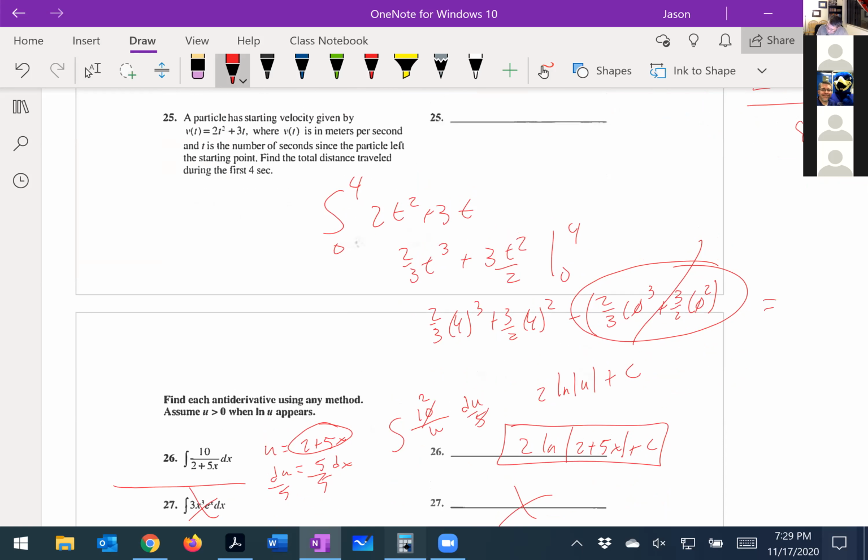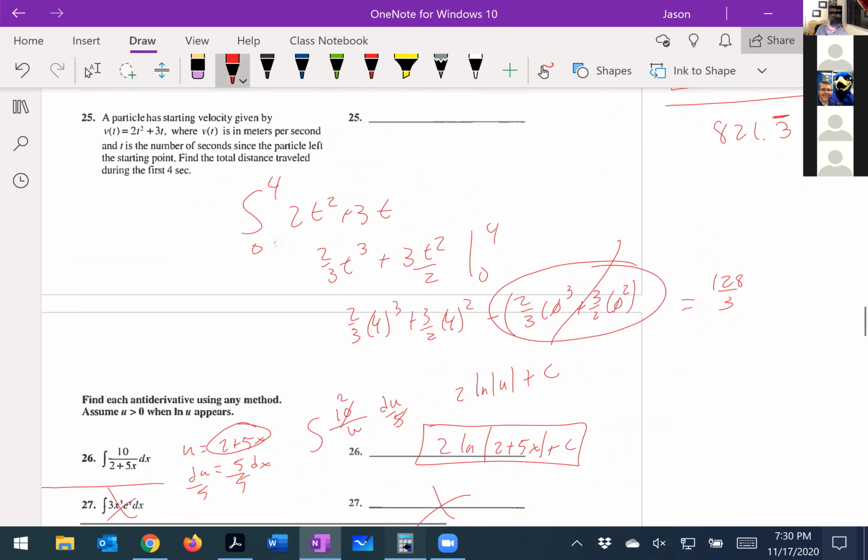This is going to be 64 times 2, which is 128 over 3, plus 16 times 3 is 48 over 2.